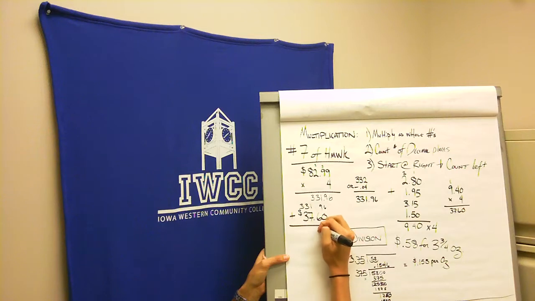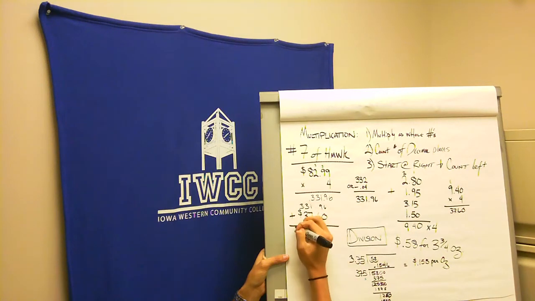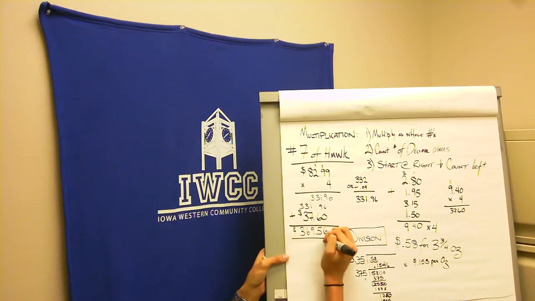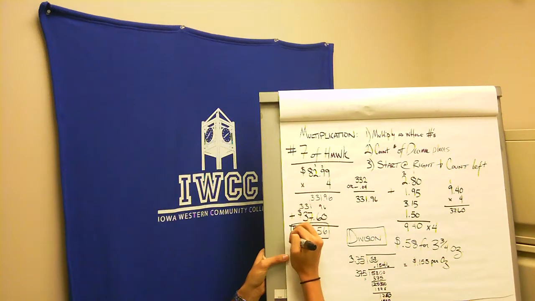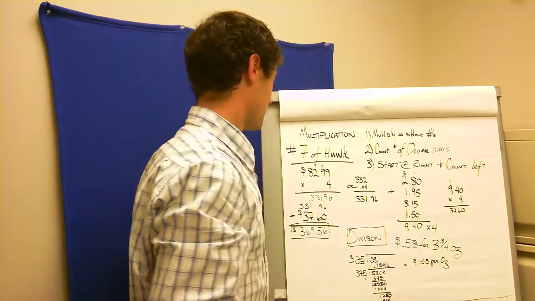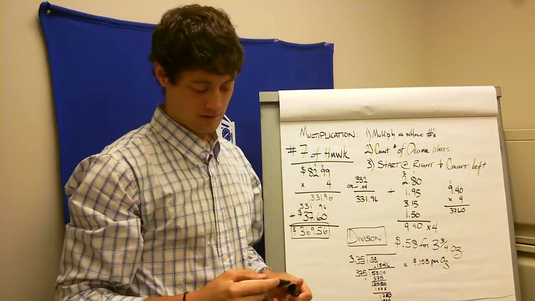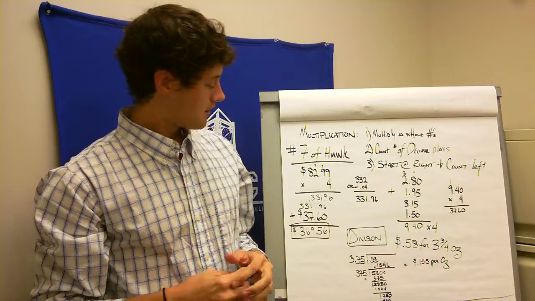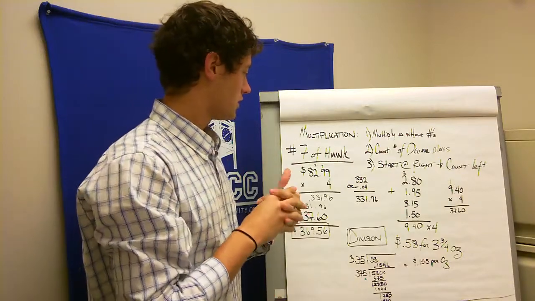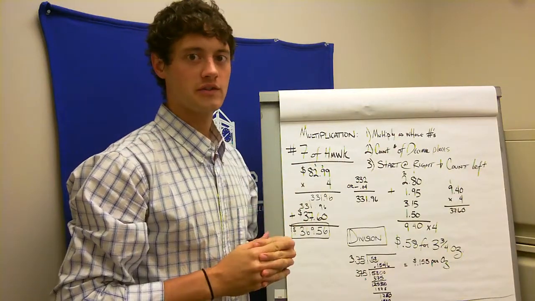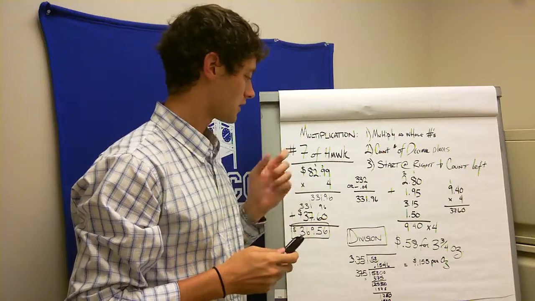So it should be 6, 9, 15, 1, 9, 6, 3. So Lily walked out with 4 new tires, but $396.56 less in her pocketbook. So that would do everything you needed for number 7 on the homework.